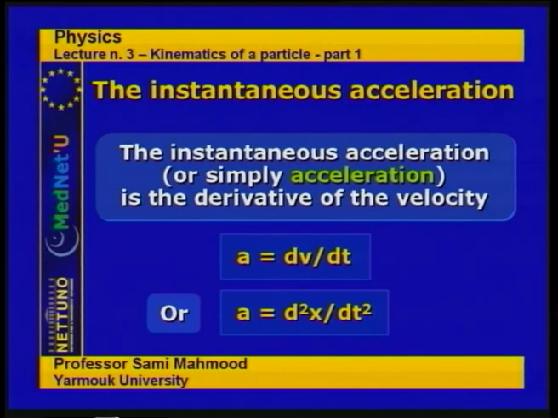If we know the position as a function of time, then the second derivative of the position with respect to time gives us the instantaneous acceleration.